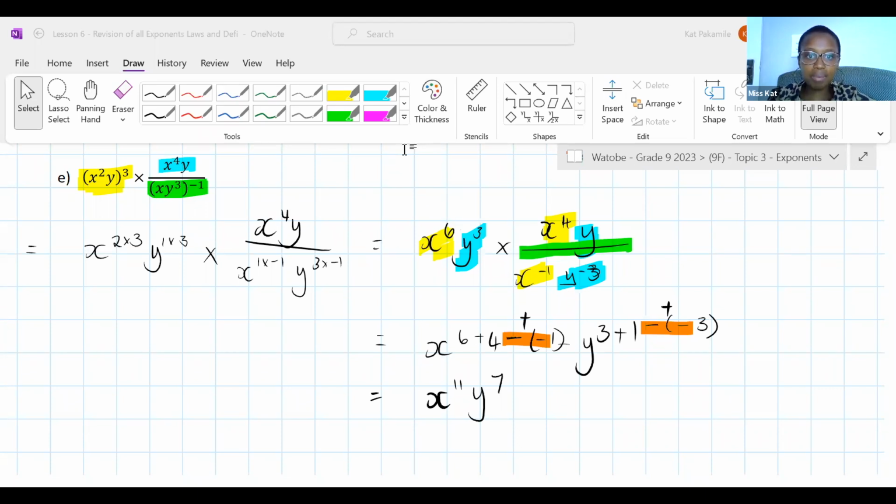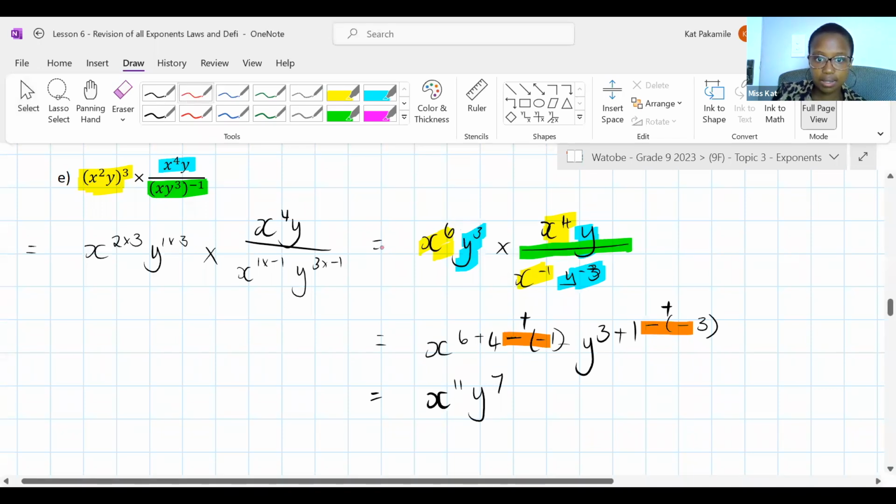Tebatso has their hand up. Hi, Tebatso. Can you hear me? Okay. I was asking, you see there at 6 exponent, x exponent 6 plus 4 negative bracket -1? Yes.